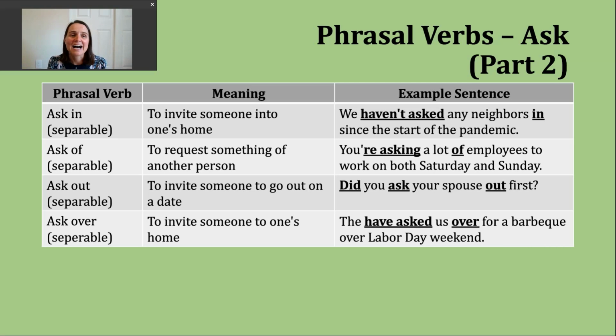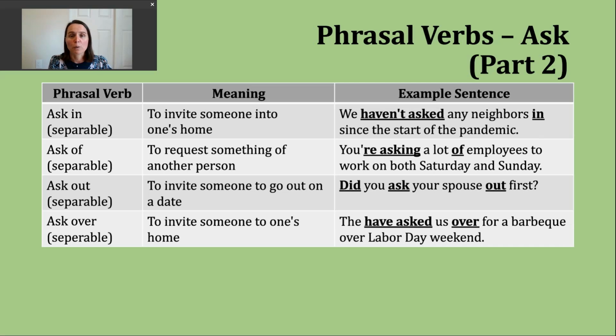A second phrasal verb that is separable is ask of. This means that someone is requesting something of another person. An example of this could be, you're asking a lot of employees to work on both Saturday and Sunday.